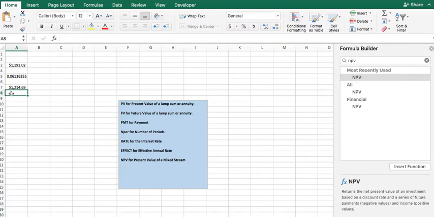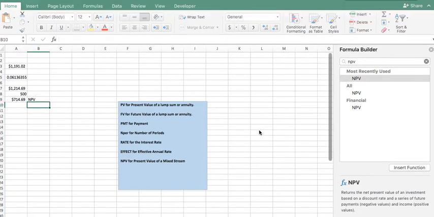You need to deduct the $500 cost. So if it's a $500 upfront cost, we would then need to subtract it for our net present value. This should actually be a positive, and that would be our true net present value.